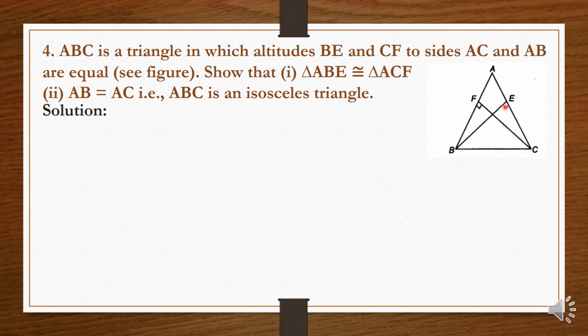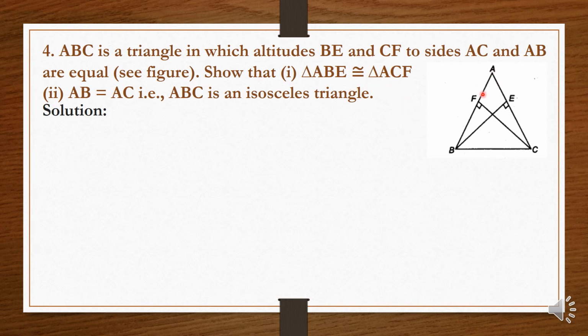That means they are perpendiculars on AC and AB. As a result, not only is BE equal to CF, but angle BEC is 90 degrees and angle CFB is also 90 degrees. With the given conditions, we have to show that triangle ABE is congruent to triangle ACF.